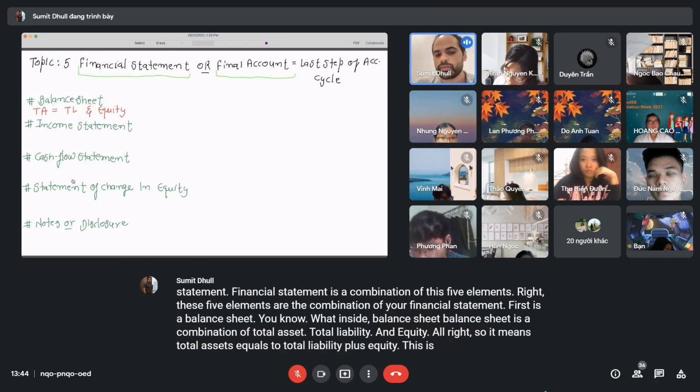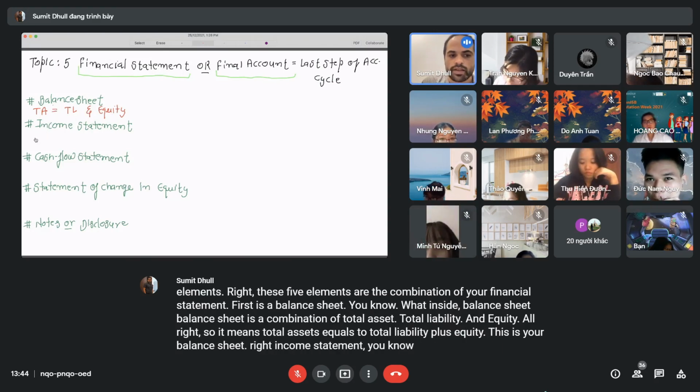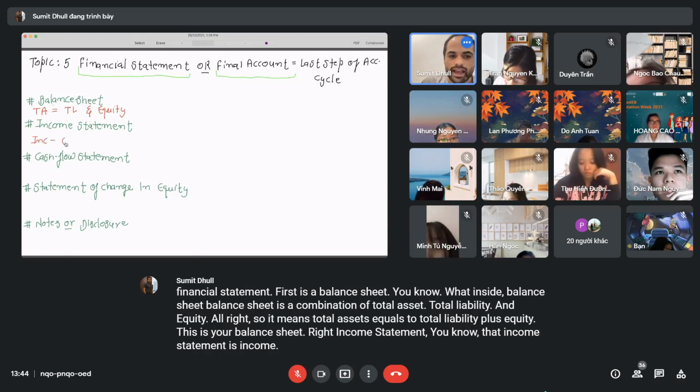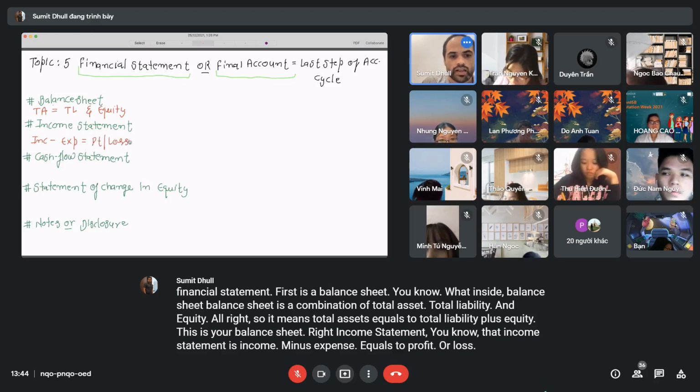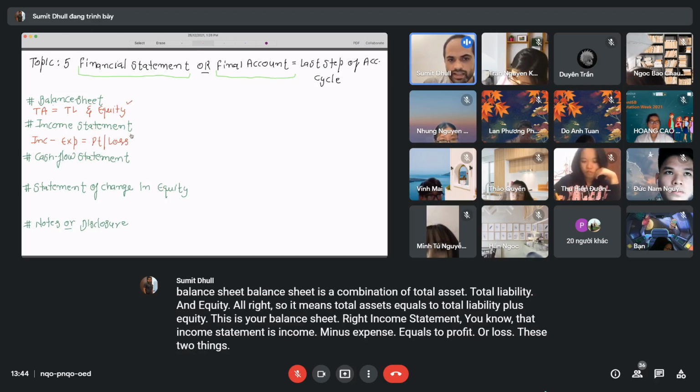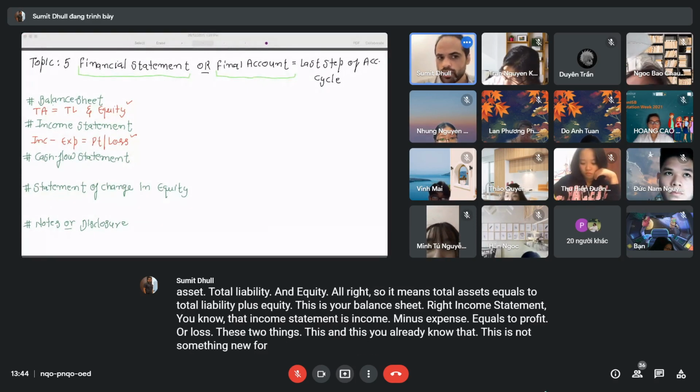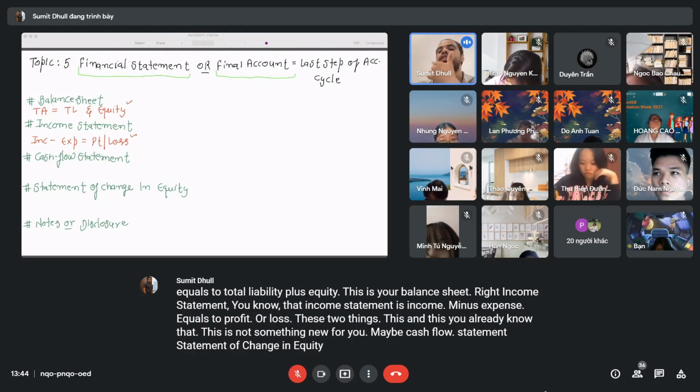Income statement: income minus expense equals profit or loss. These two you already know. This is not something new for you. Maybe cash flow statement, statement of change in equity, notes, or disclosure are new for you.